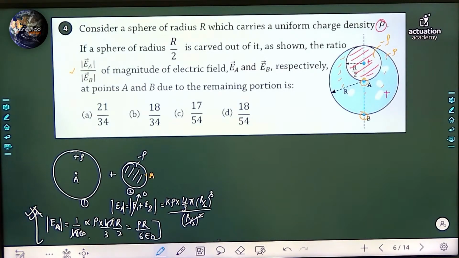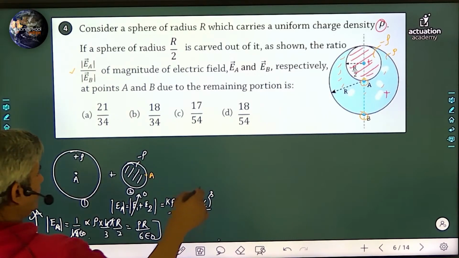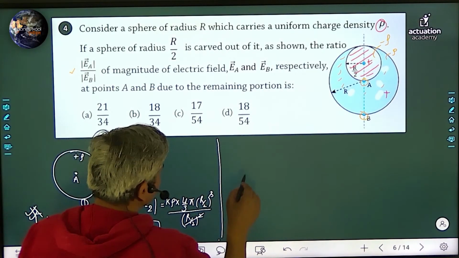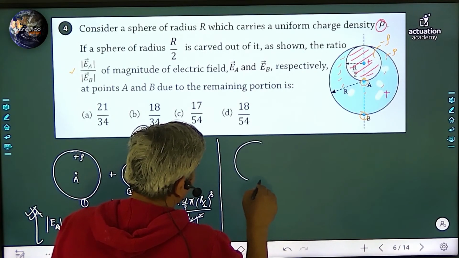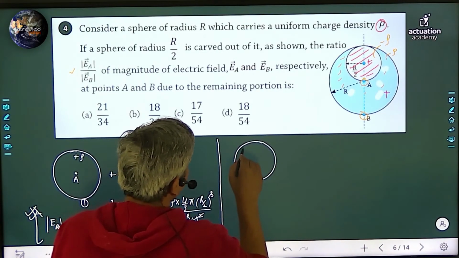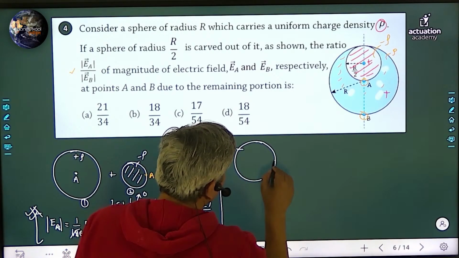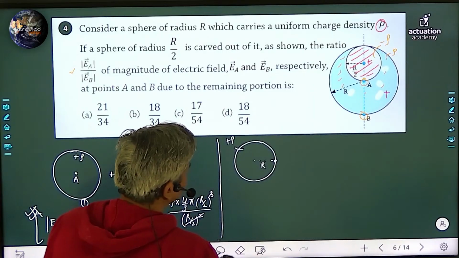Now the value of electric field at B can be written as, because of the bigger sphere which has charge density plus rho and B is at the surface, the radius is r.